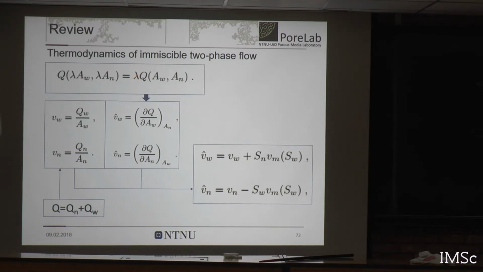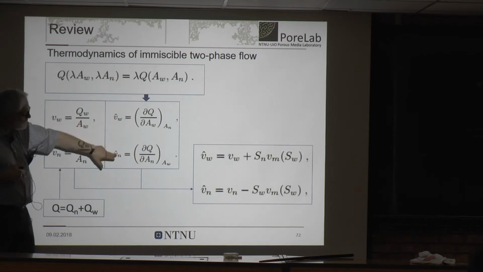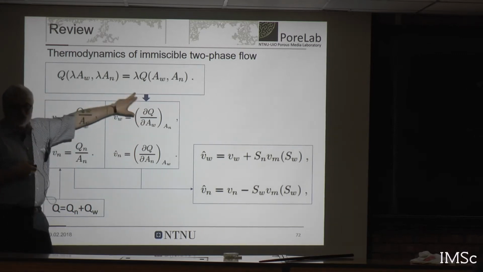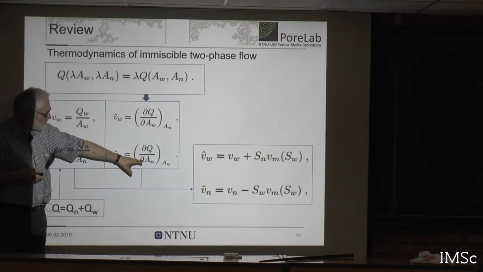That's back to Euler homogeneity. And what you find out is that you can then identify two velocities, which we call thermodynamic velocities, and they are simply the derivatives of the total flow rate, not the flow rate of just one of the fluids, but both of them. This AW and this AN.